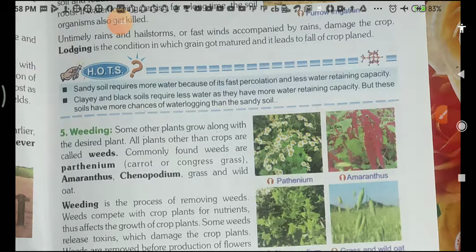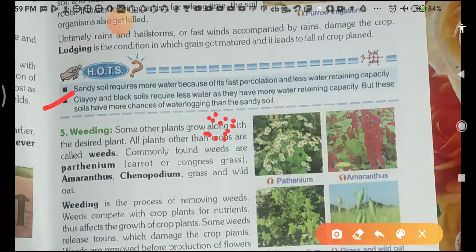Now let's move to the next one, clay and black soil. You know, clay soil is very fine, like this, and black soil also. Clay soil and black soils require less water as they have more water retaining capacity. But these soils have more chances of waterlogging than sandy soil.